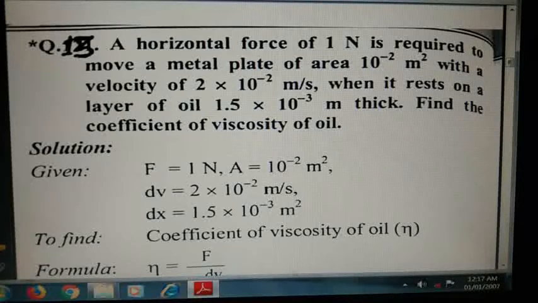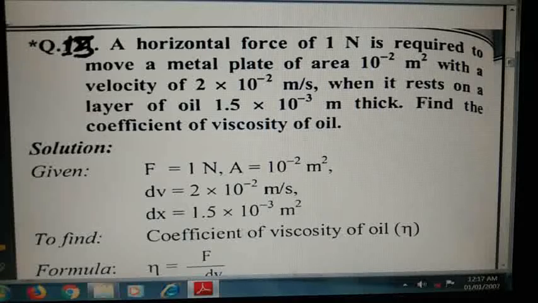Here force is given, equal to 1 Newton. Area is equal to 10 to the power minus 2 meter square. Here dV, that means the change in velocity, is given as 2 into 10 to the power minus 2 meter per second. Then the distance is given, dx equal to 1.5 into 10 to the power minus 3 meter.